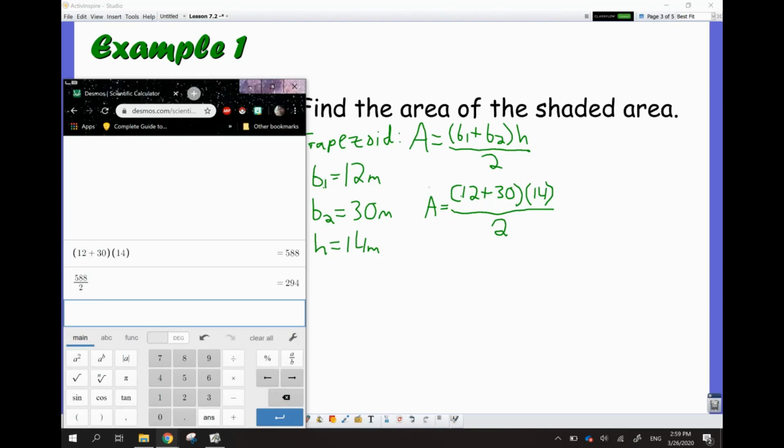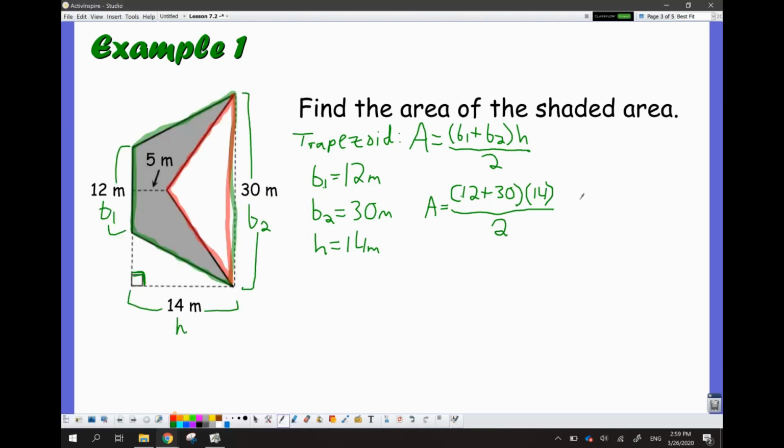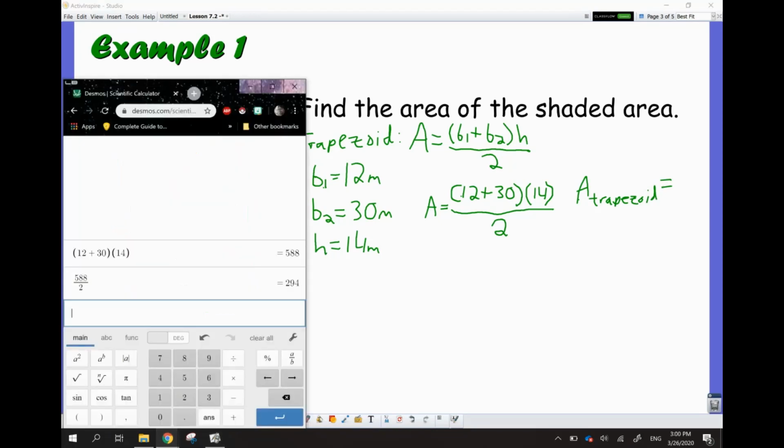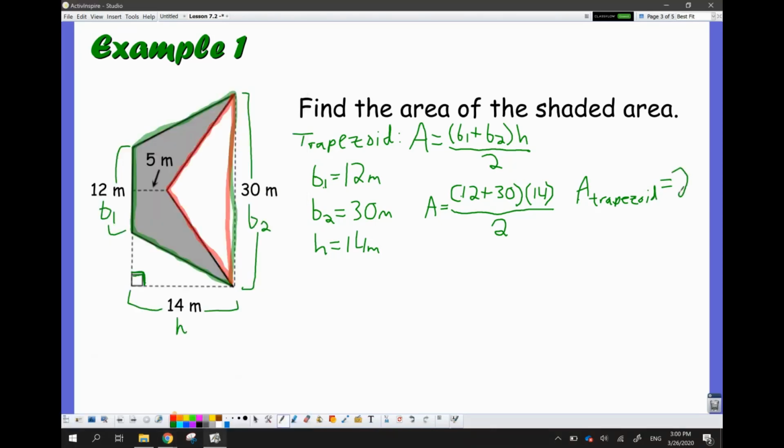So the area of the trapezoid, now write it over here on the side, area of my trapezoid is equal to 294.